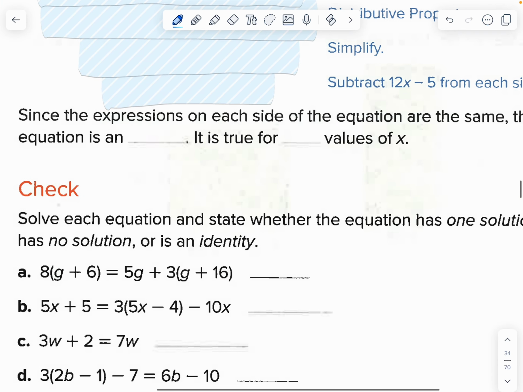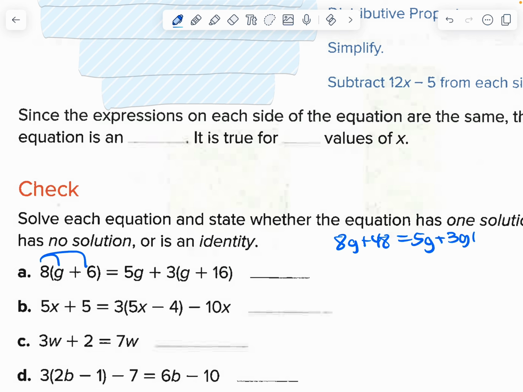Oh, so we're deciding what these are. So if I do this problem, I multiply here, I get 8g plus 48 equals 5g plus 3g plus 48. So this is going to get me 8g plus 48 equals 8g plus 48. They're exactly the same, so that's the identity.